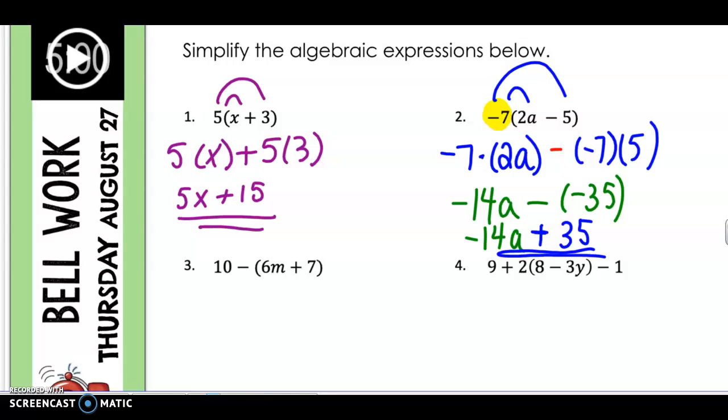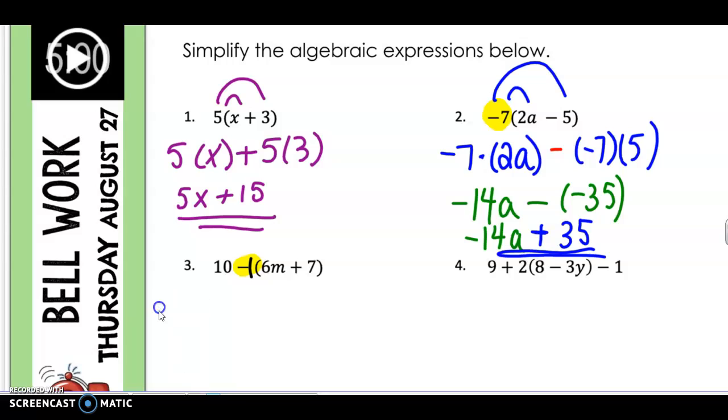All right, now number 3 is getting a little tricky here. We have 10 minus, now in parentheses, we have the quantity 6m plus 7. So there's actually like a -1 out here. They don't write it there, but there's a 1. So we need to distribute the -1 to each term inside the parentheses.